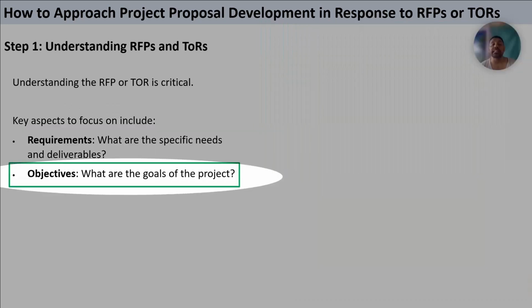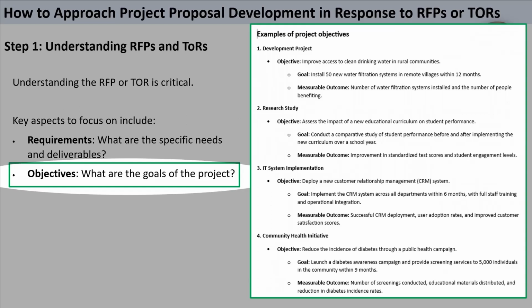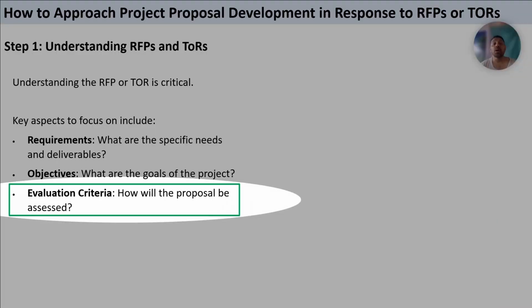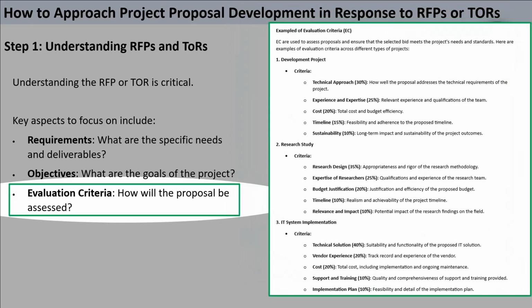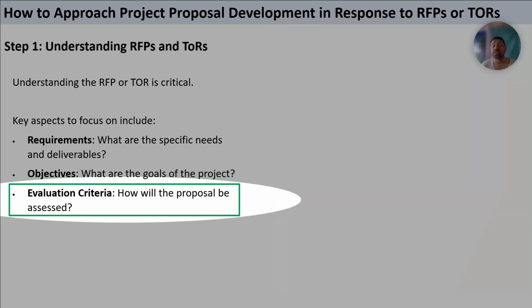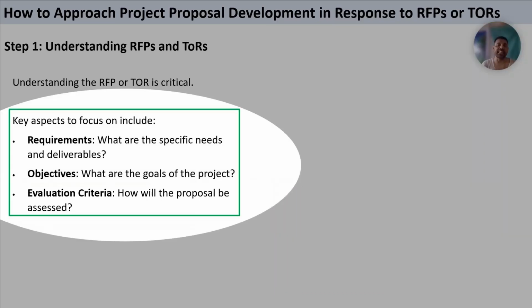Then we need to understand the objectives. What are the goals of the project? What does the organization intend to achieve through this project? And then what is the evaluation criteria for the proposal? How will the proposal be assessed by the organization? So we need to focus on these areas while responding to a request for proposal or ToR.